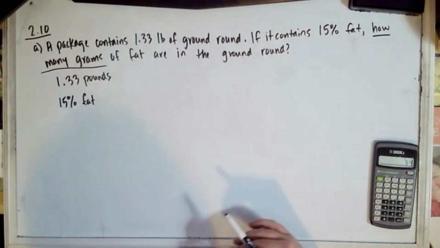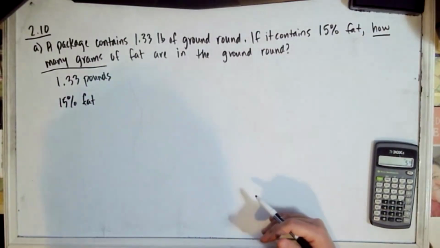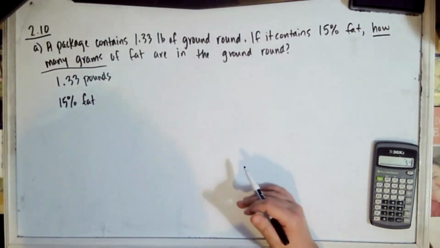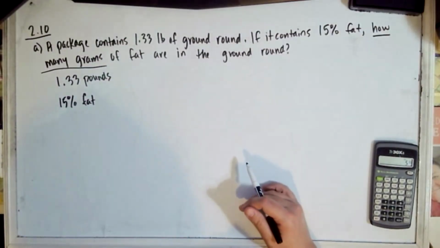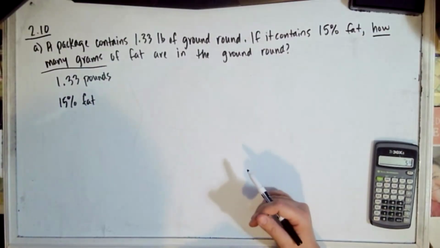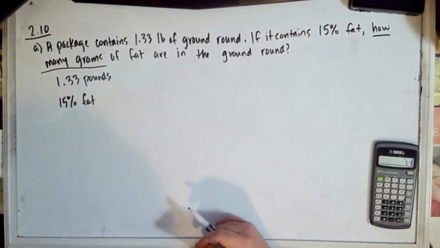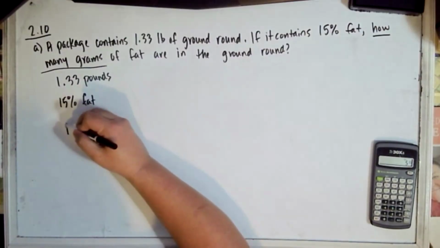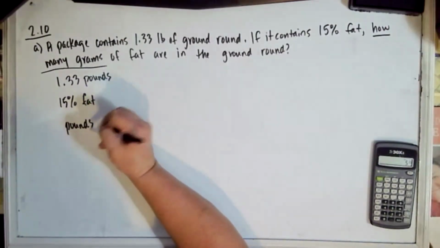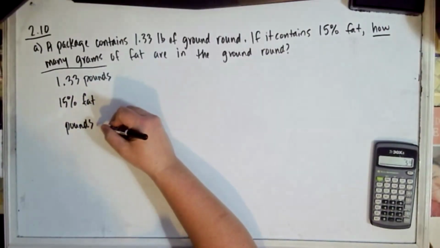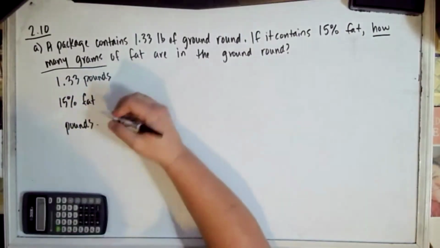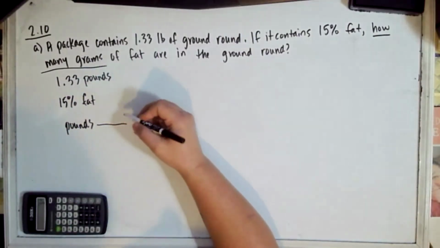They want to know how many grams of fat are in this ground round. What that means is we're going to have to take our value that's in pounds, and we're going to have to convert it into grams.